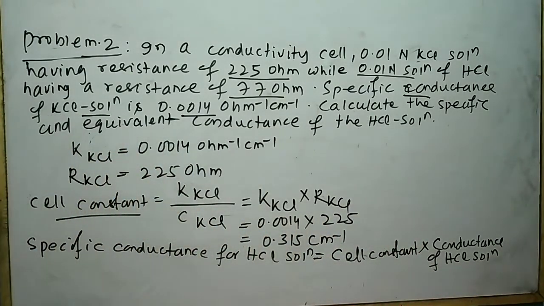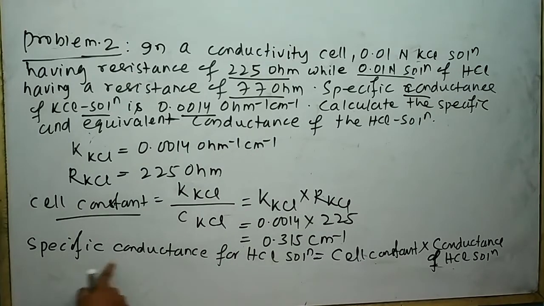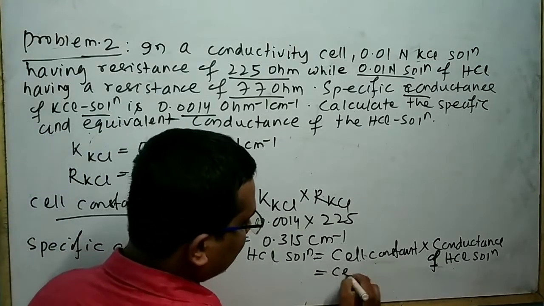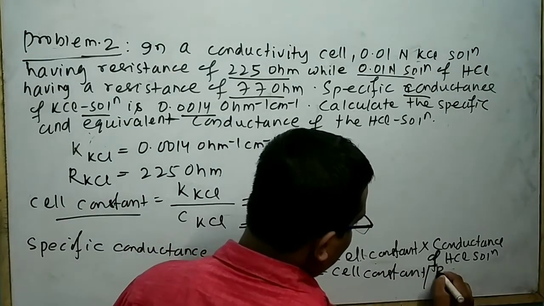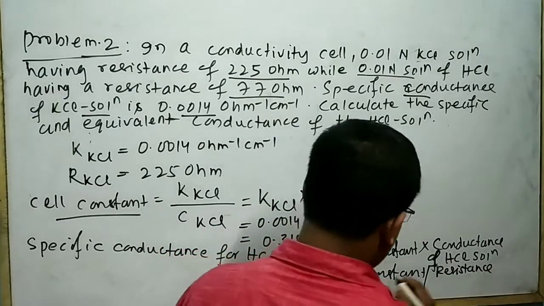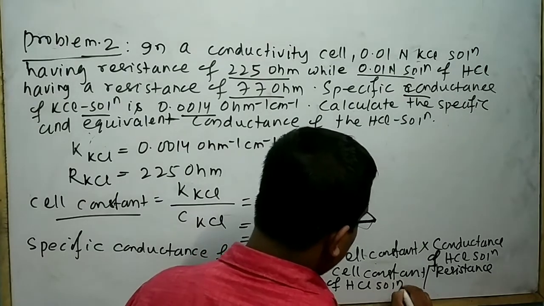Conductance of HCl solution is equal to 1 by resistance of HCl solution. So I can write specific conductance for HCl solution equal to cell constant divided by resistance of HCl solution.